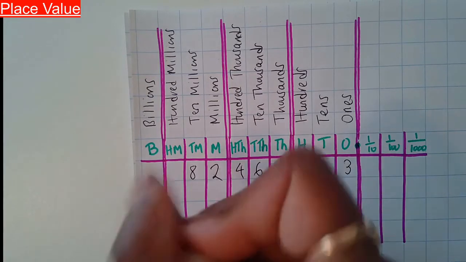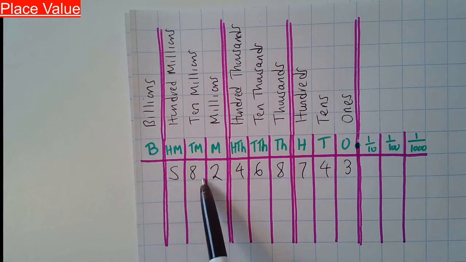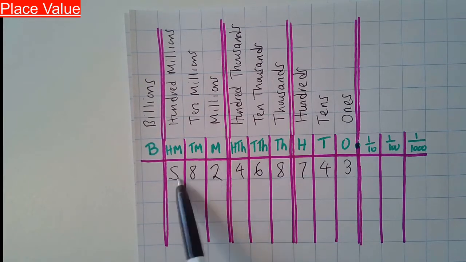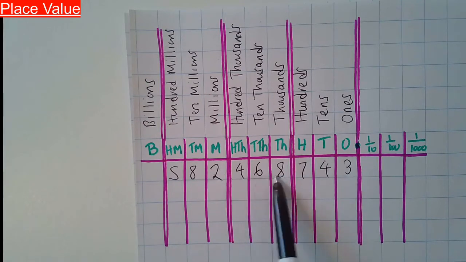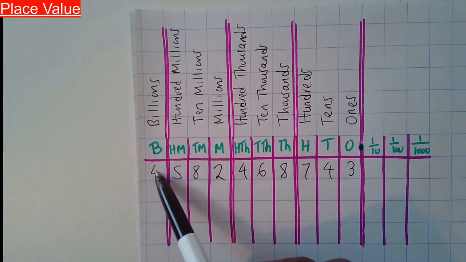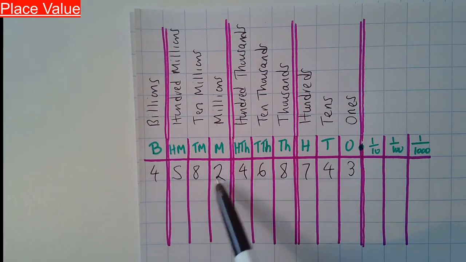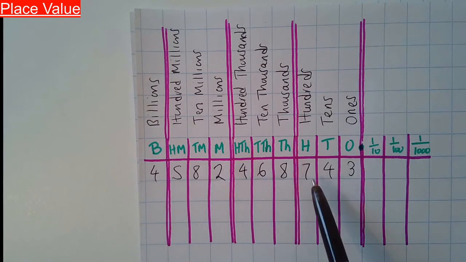Then 82,468,743. Then 582,468,743. Now we've reached the billions, so we've got 4 lots of billions there, so that's 4,582,468,743.